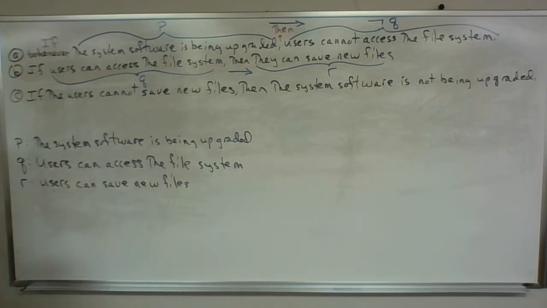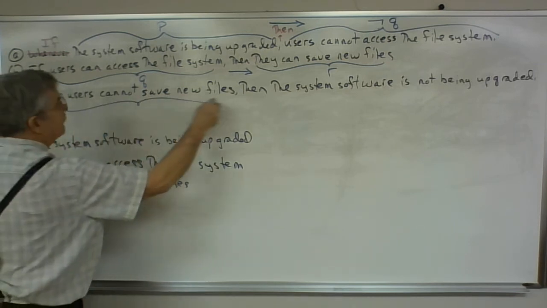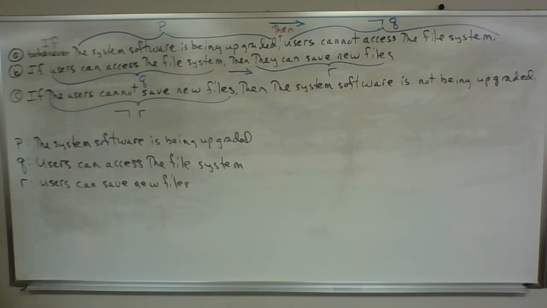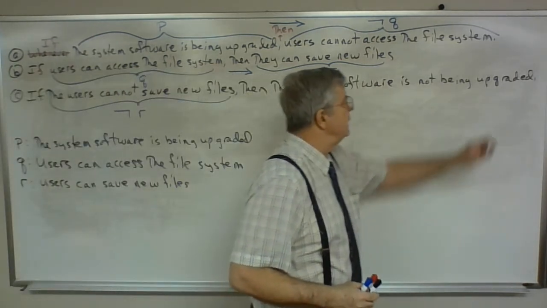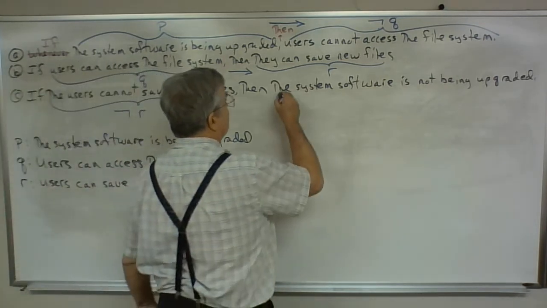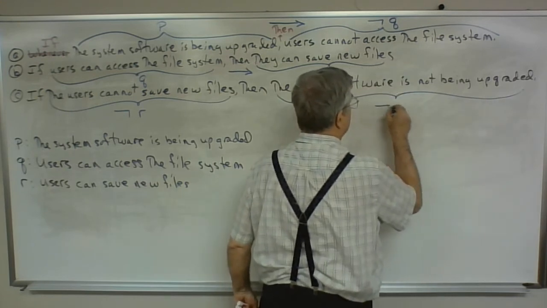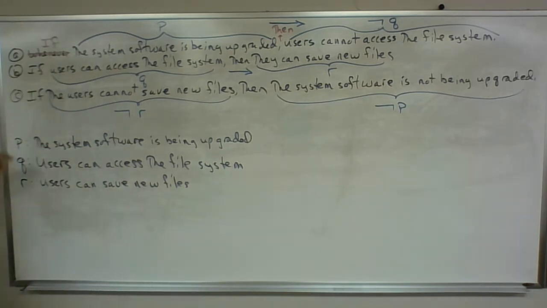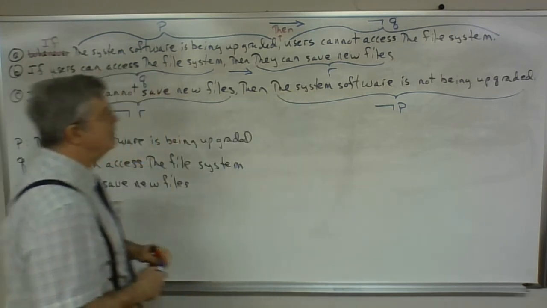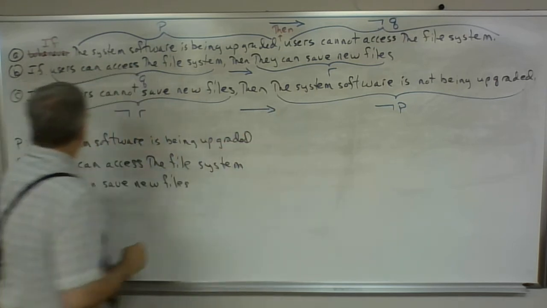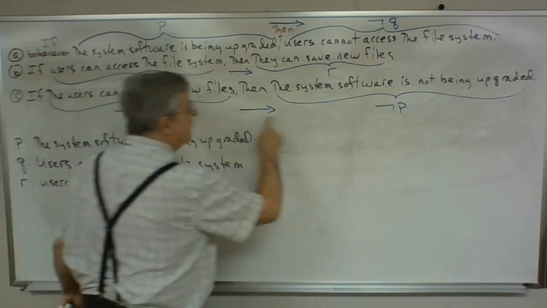That's not R. The system software is not being upgraded. That's not P. And this is another if-then. If the users cannot save new files, then the system software is not being upgraded. So I'll put this arrow here. It's if not R, then not P.